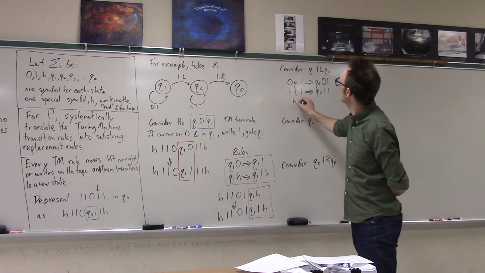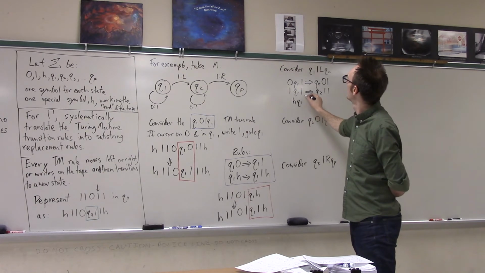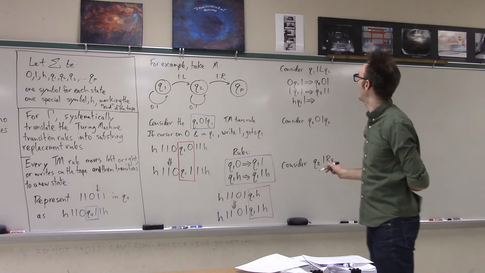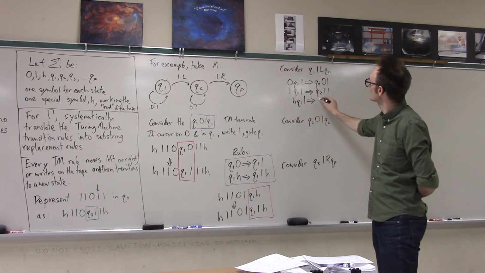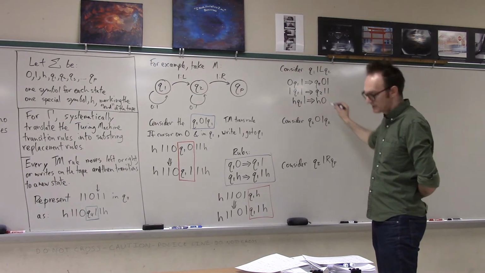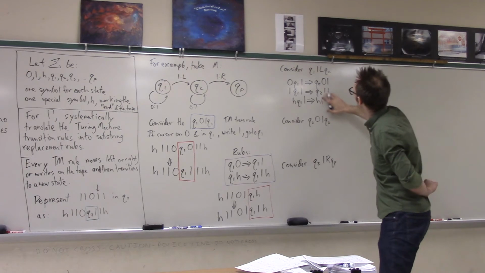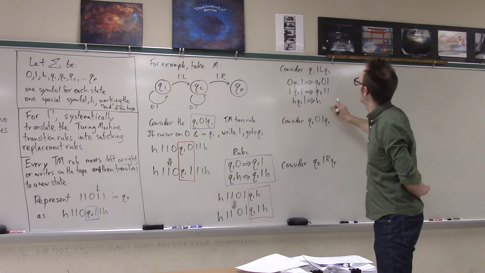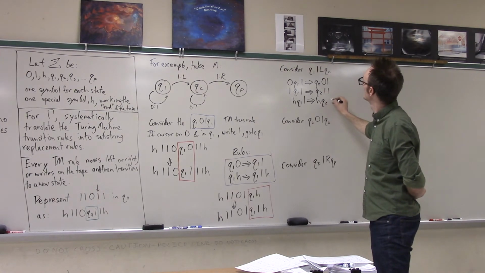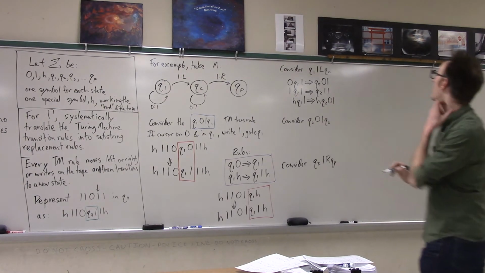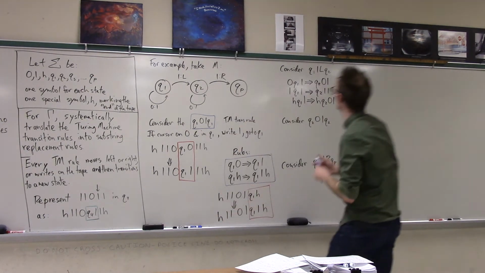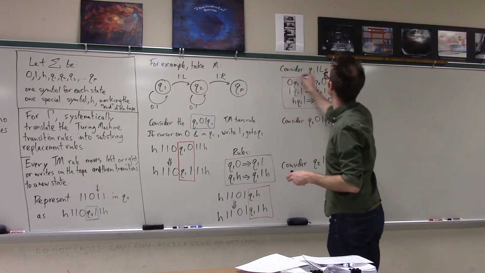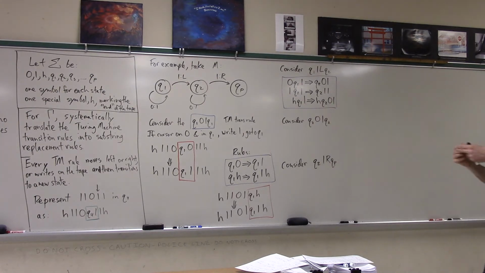So if it's HQ1 1, that means there was really a bunch of zeros to the left of me, so I should replace that with HQ2 0 1.